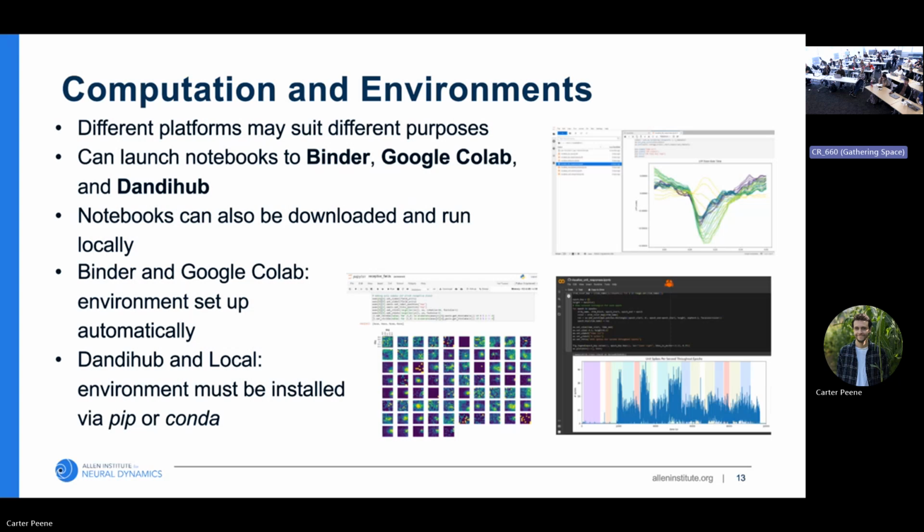DANDI Hub basically gives you the free compute as long as you're not using it for any nefarious purposes, and it allows you to set up the environment with Docker. Another good thing about DANDI Hub is that it has direct server access to the data, so it's really quick to download the files and or stream the files. If you're more familiar with Google Colab, we have that as well. And of course, you can also just download an individual notebook and run that, or you could clone the GitHub repository and use it that way.